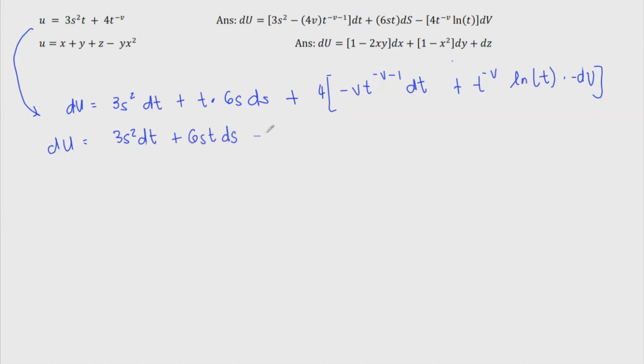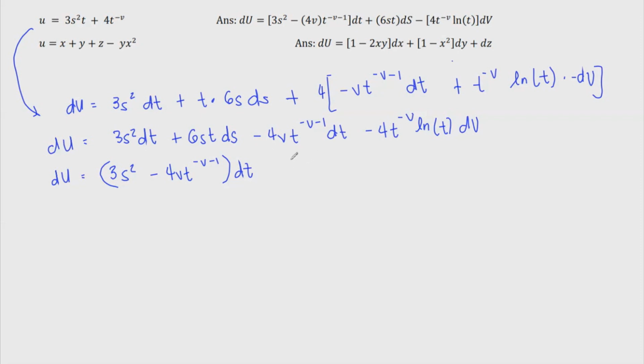Okay, so with this, du, or the total differential, is equal to 3s squared dt plus 6st ds, and then we have, I think, negative 4v t raised to negative v minus 1 dt, and then we also have negative 4t raised to negative v ln of t, and then that's dv. Okay, and then if we combine all the like terms, we have dt, so we have 3s squared minus 4v t raised to negative v minus 1, that's dt.